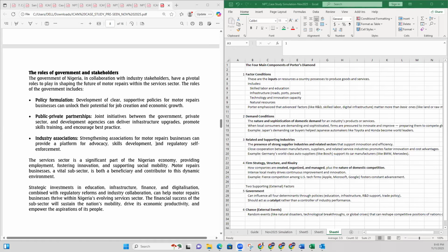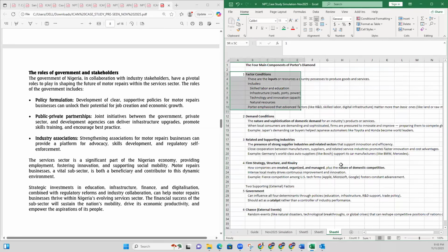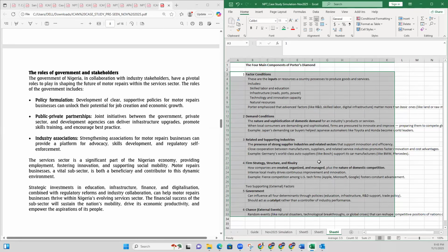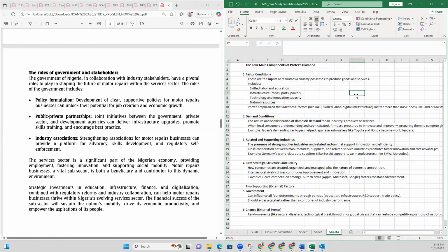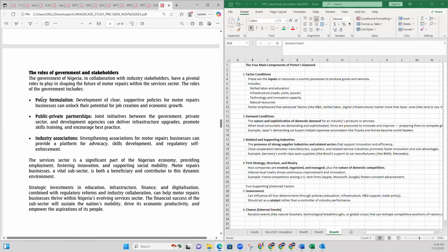So if they bring Potter's diamond, with what I've summarized here for you, that part will be a very easy win for you. Am I correct? Yes, you are. Everything you need to discuss under government is for you to pick your points from all of these aspects: what government have done, what they can do in terms of policy formulation, and make sure your English is Englishing very well, right?